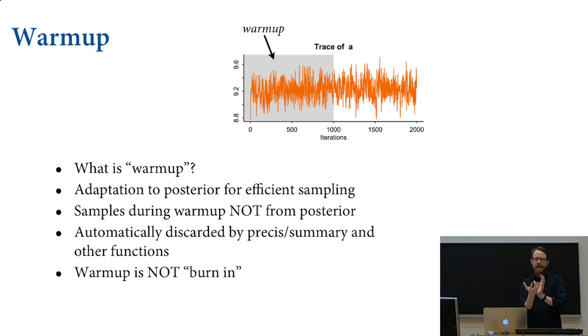So the warm-up makes the chain work well. It gives you good samples, but then it gets thrown away. It's reported to you in the trace plot so you can see how the adaptation unfolds. But it's diagnostic. It's not something that's used for inference. So every time you do some inferential step, like get summaries of the parameter distributions, the warm-up is not included. But it'll be shown on the trace plots.